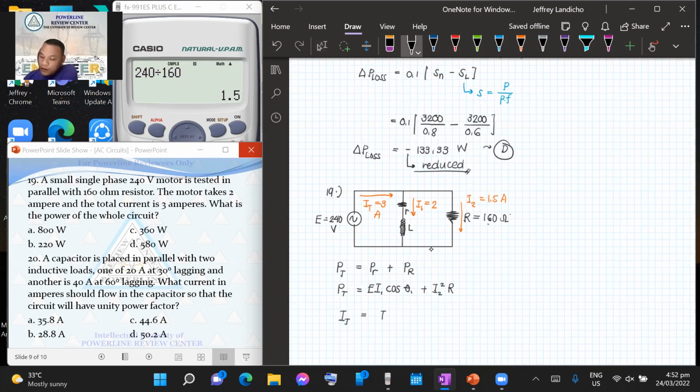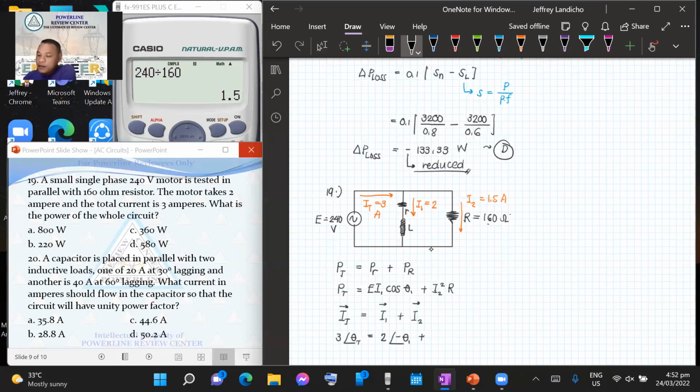So, kapag kinuha mo yan using parallel, I total is simply equal to I1 plus I sub 2. But it should be vectorially added. So, alam natin, ito 3 bar angle. Hindi natin alam yung kanyang angle. So, let us consider that is your theta sub t. That is the overall power factor. So motor load, anong current niya? 2. Anong angle niya? Since motor load, so negative theta sub 1.